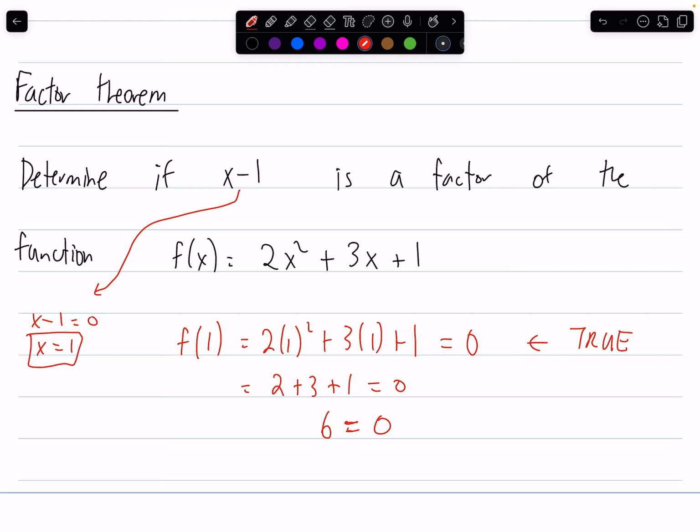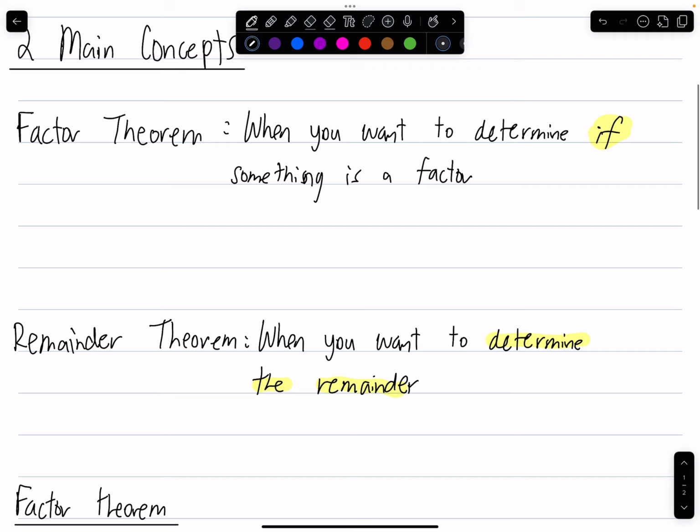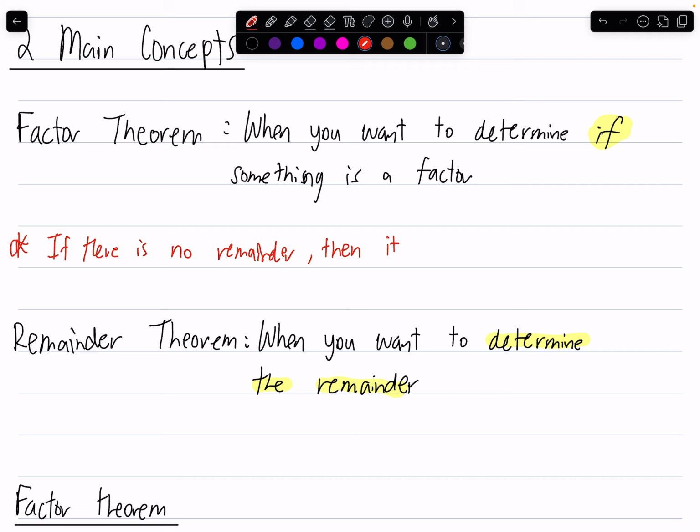So I'm testing if this is a factor by putting the number into the function and seeing if it equals 0. If it equals 0, that means there's no remainder. Therefore, it's a factor. So this is another thing we need to know: if there is no remainder, then it is a factor.